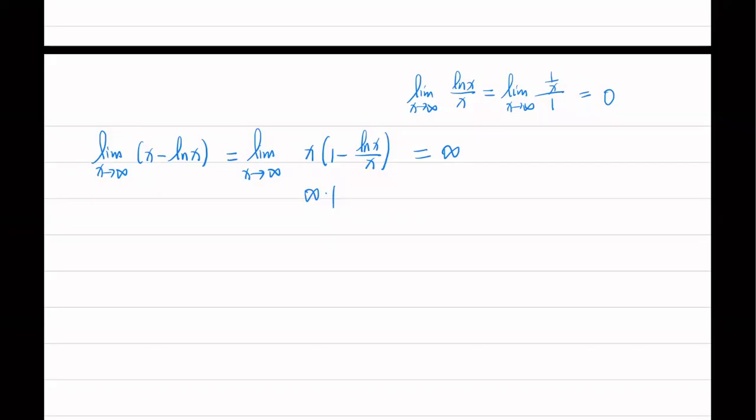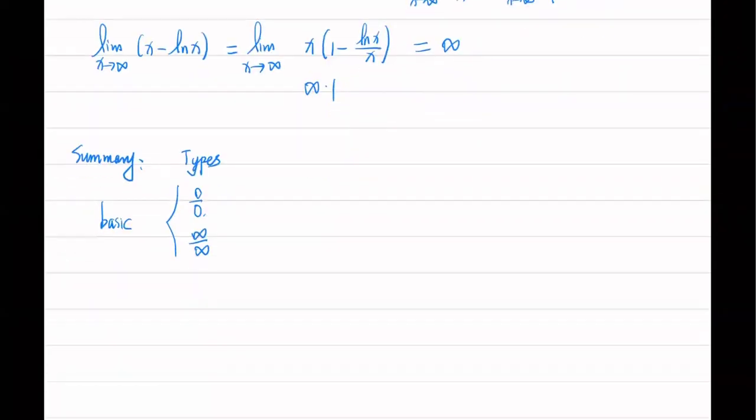So how many types have we learned? A summary. Two basic types.